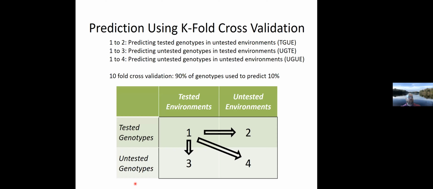We use a tenfold cross-validation where 90% of the genotypes are used to fit the model, and they are used to predict the other 10%.